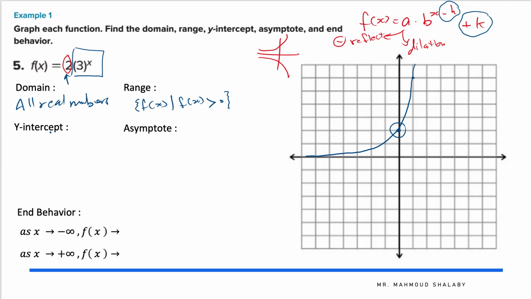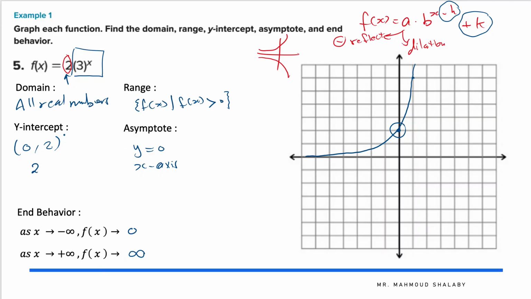The y-intercept is the only thing that will change. I know now it's no longer 1, it's 2, so it will be (0, 2) as coordinates, or as a value it will be 2. The asymptote is still the x-axis, or y equals 0. The end behavior: as x goes to negative infinity, it will be 0. As x goes to positive infinity, it will be positive infinity.